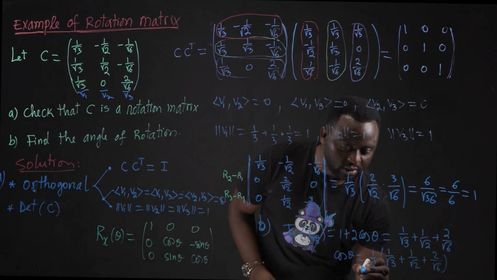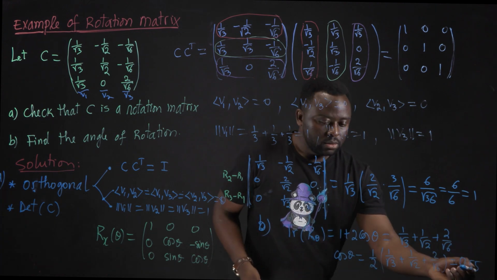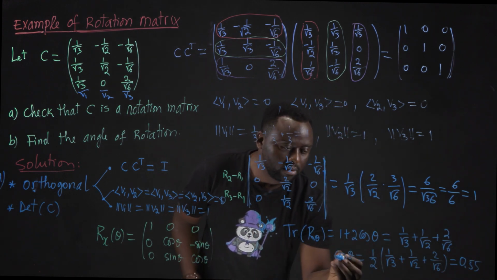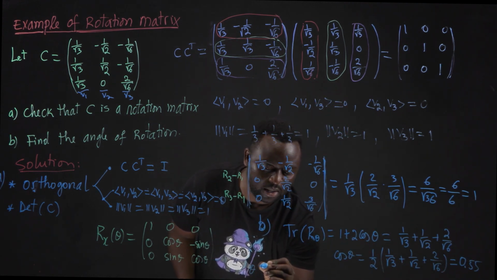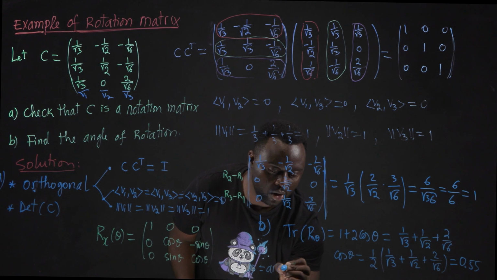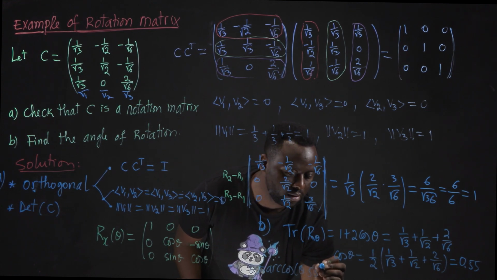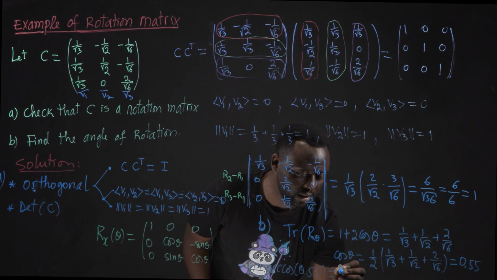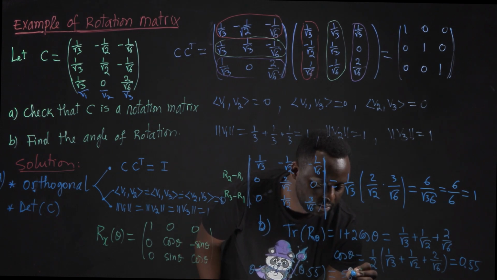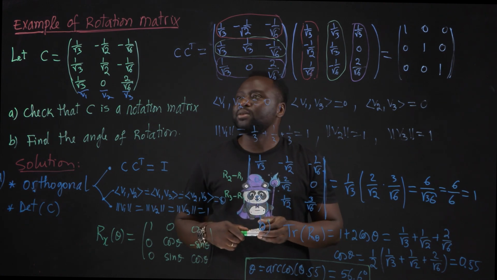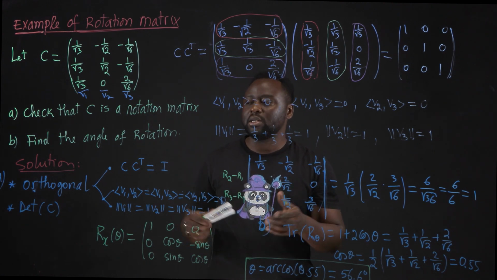The value of cos theta here is 0.55. Then theta is arccos of 0.55. This gives you something like 56.6 degrees.